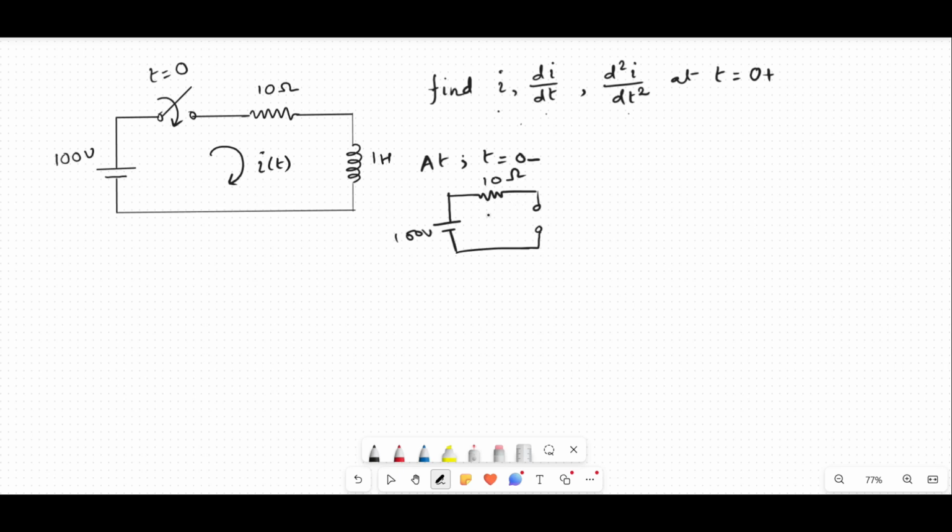So here the current will be 0. So during this period, current I at 0 minus will be 0.